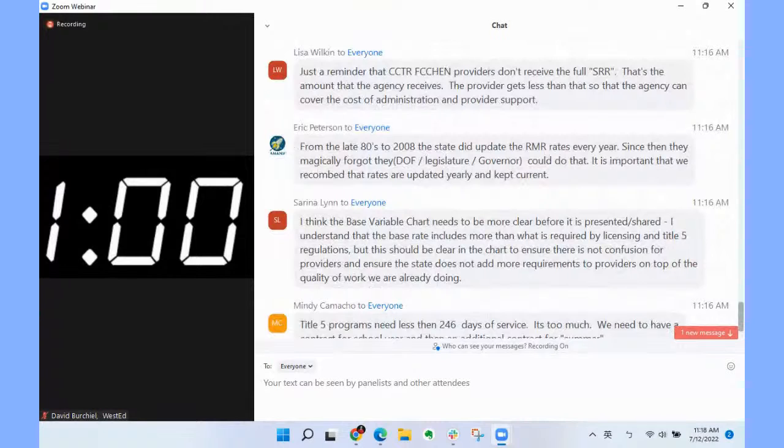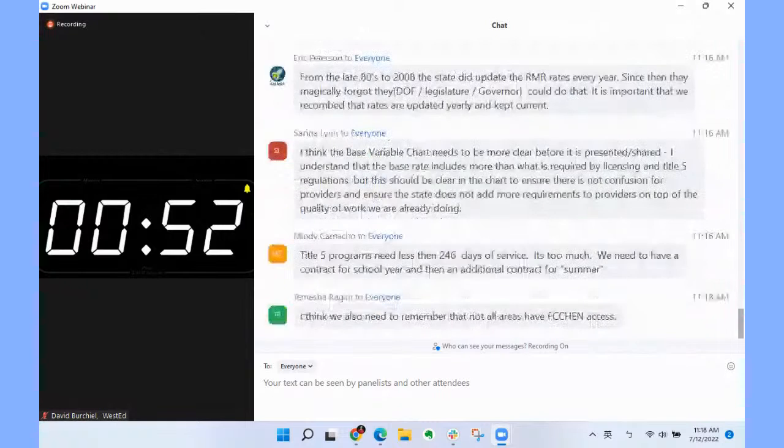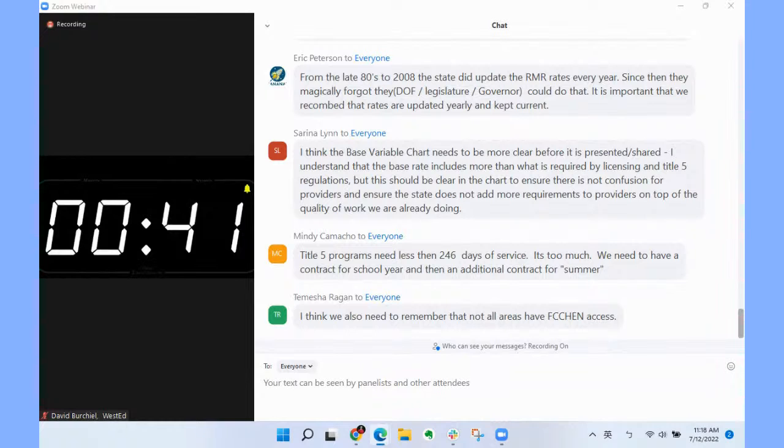Now we'll invite Anna Iakovides to unmute and go ahead. Good afternoon. This is Anna Iakovides with Head Start California. We would like to thank the work group for your efforts to align Head Start and state subsidized programs, and in particular would like to support a recommendation to align state subsidized programs to Head Start by basing funding on enrollment rather than on attendance.